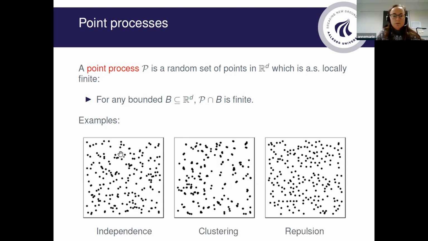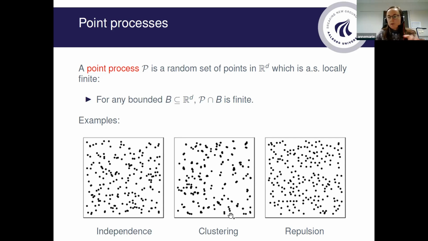The first pattern here, the points are completely independent of each other. So they're just randomly scattered in this square. In the second picture here, we have some clustering. If you look closely, you can maybe see that the points are very often lying like 2 or 3 points at the same spot.